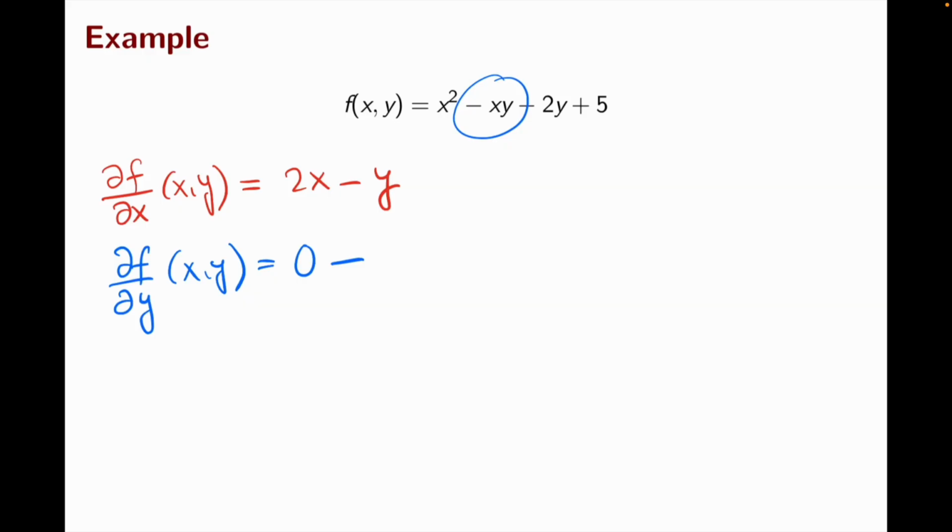Well, minus x is a constant that goes out of the derivative, and the derivative of y is just 1. And then minus the derivative of 2y, which is 2, and plus the derivative of phi, which is 0. So this derivative is just minus x minus 2.